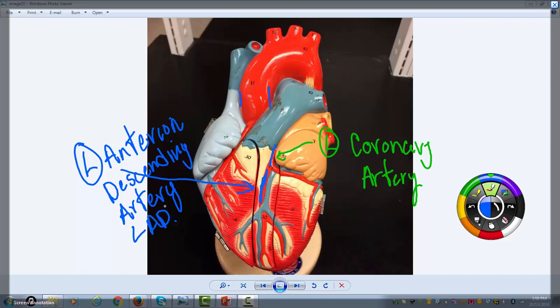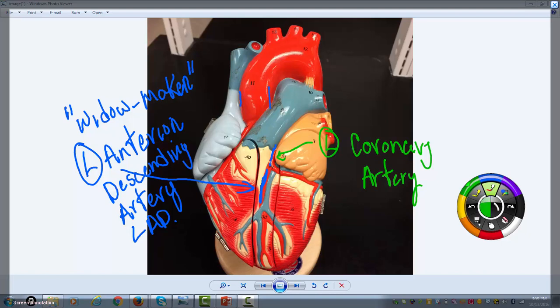The LAD you've probably heard of. If that gets blocked, that affects the electrical conduction system of the heart that we talked about and can throw you into what's called ventricular fibrillation. If that gets blocked with a blood clot and cholesterol, it's called the widow maker. Because if that gets blocked, the electrical conduction system doesn't work so well, and then you end up taking a six-foot dirt nap.